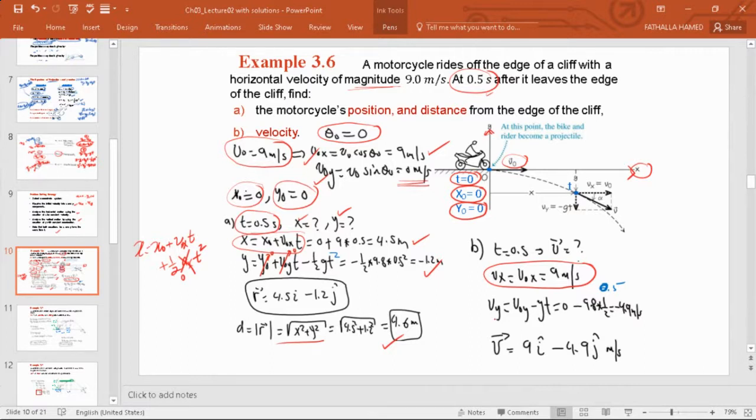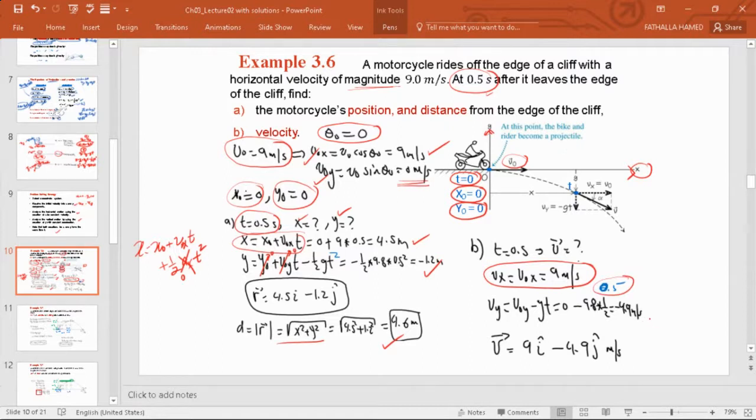Now, when you come to your Vy, it will equal V0y minus gt. The V0y is equal to 0, minus 9.8, and for t here we put 1/2 because we said it is 0.5.